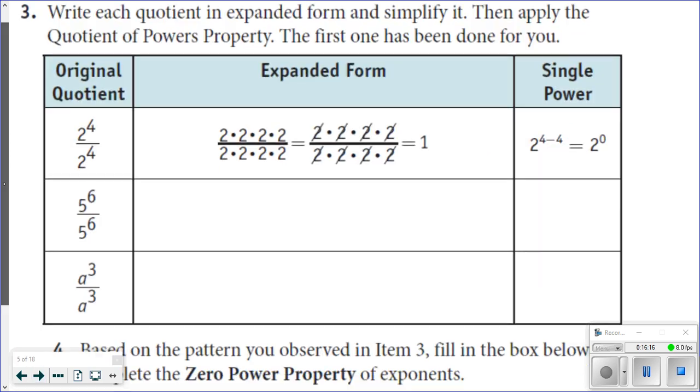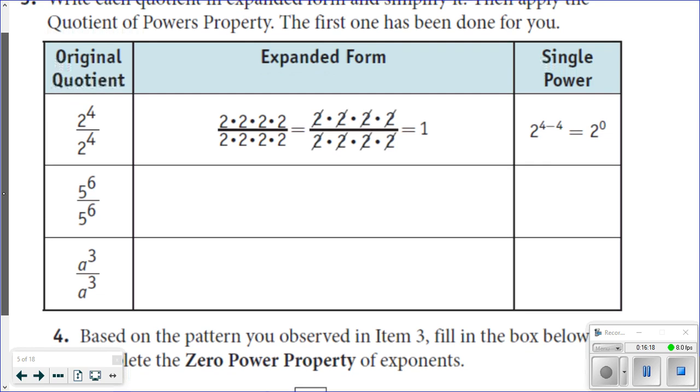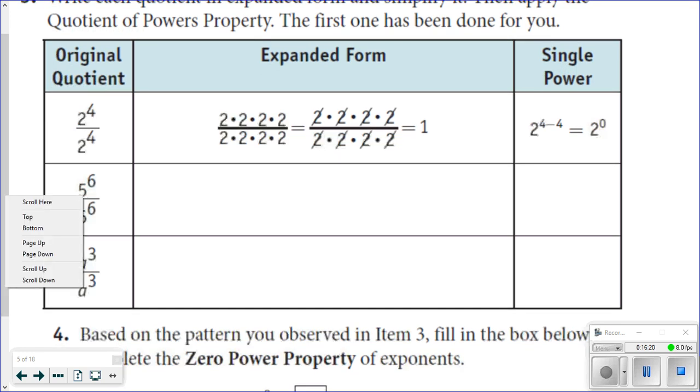Okay, question 3. Now that we've talked about negatives, let's talk about a 0. So I have 2 to the 4th power over 2 to the 4th power. So expand that out. We're going to write 2 times 2 times 2 times 2. And then just like before, they cancel. It's just 1 times 1 times 1 times 1.